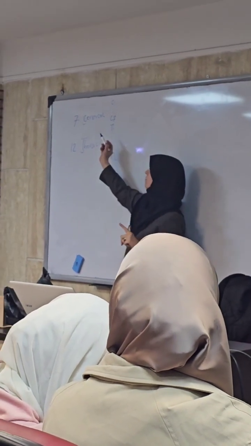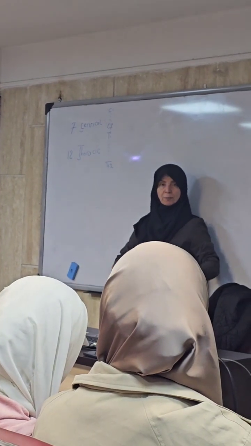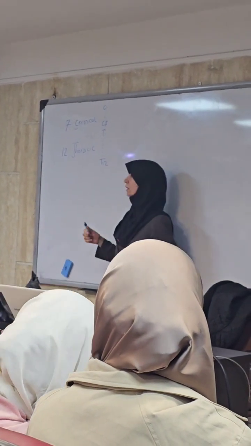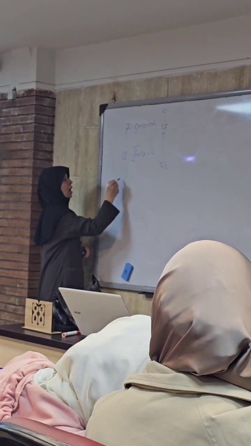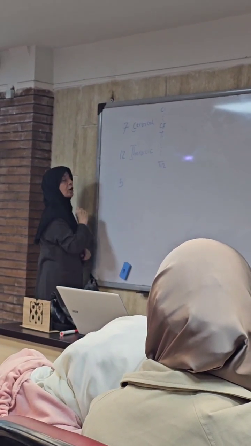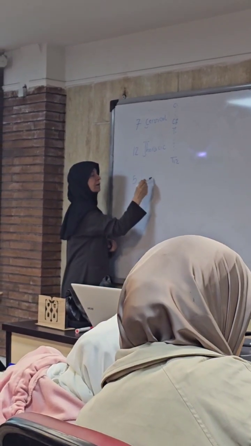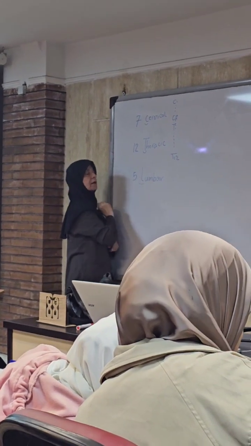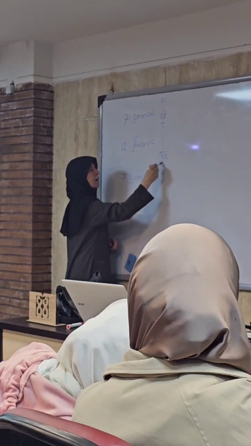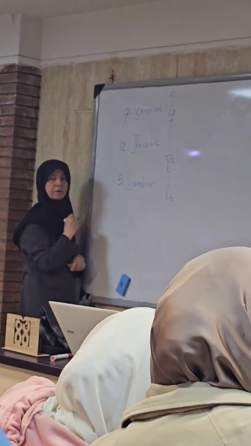Now, after the cervical region and thoracic region, we are going to the abdomen. We are going inferiorly. So we call it lumbar vertebra. How many vertebrae are going to be found in the lumbar region? 5. 5 lumbar vertebrae in human. To show the lumbar vertebrae, we use L1 to L5.